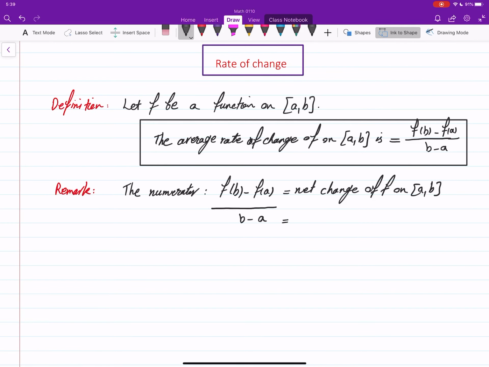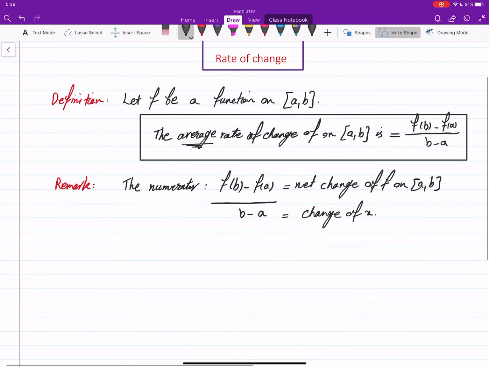So we are basically trying to find the net change of f over the change of x on [a, b]. That's why the name comes with rate. And why do we call it average? Well, because it doesn't encode all the changes the function has.